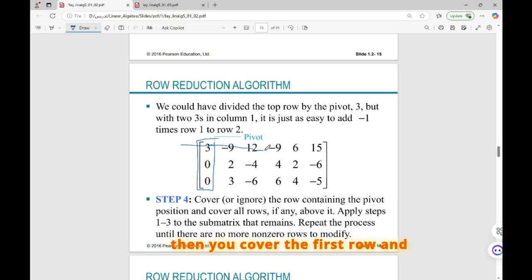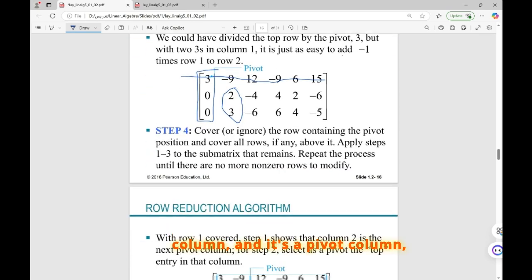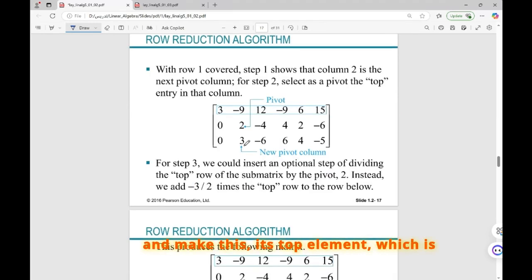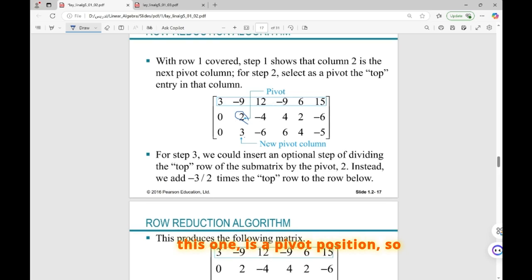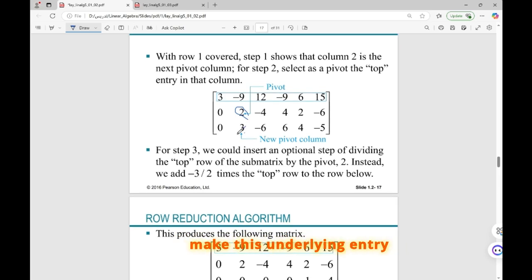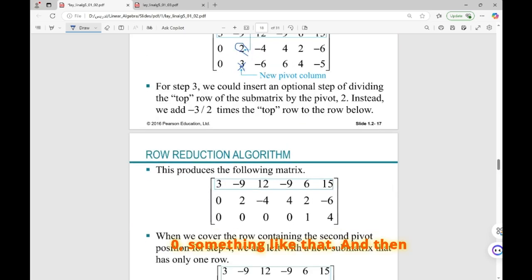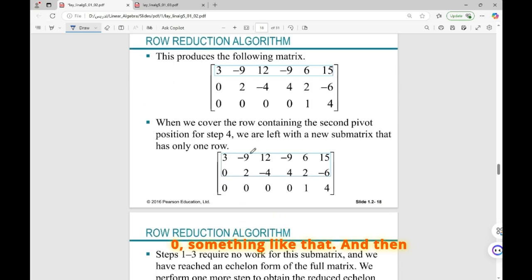Then you cover the first row and move to the second column, and it's a pivot column, and its top element, which is this one, is a pivot position. So make this underlying entry 0, something like that. And then after finding a pivot position in the first and second row, you just cover them or ignore them or delete them.